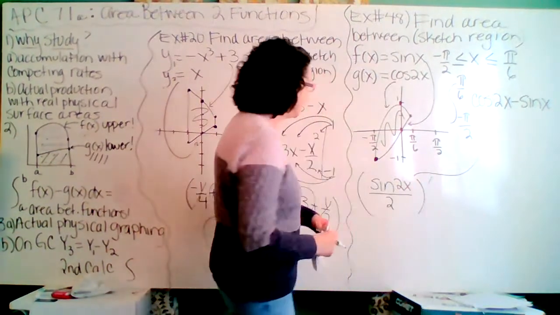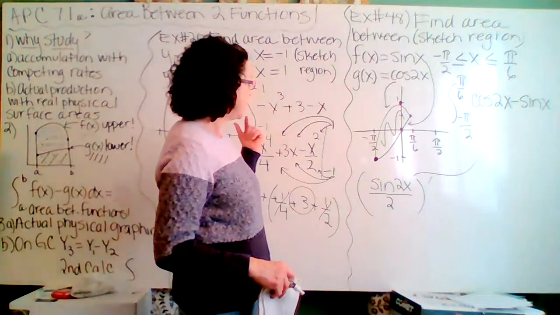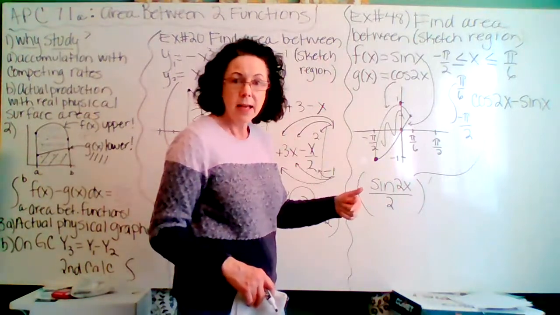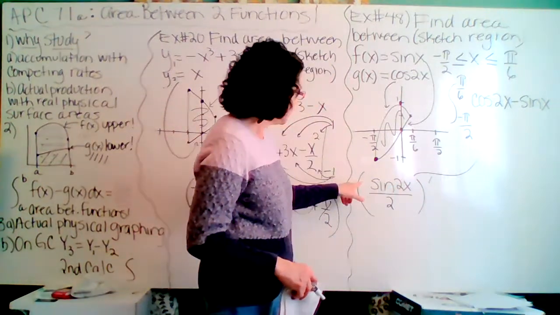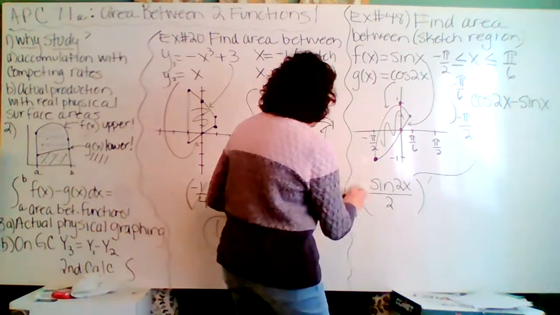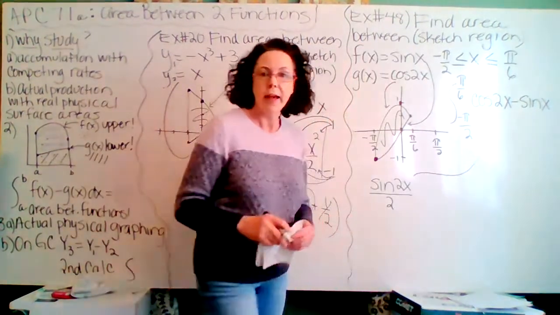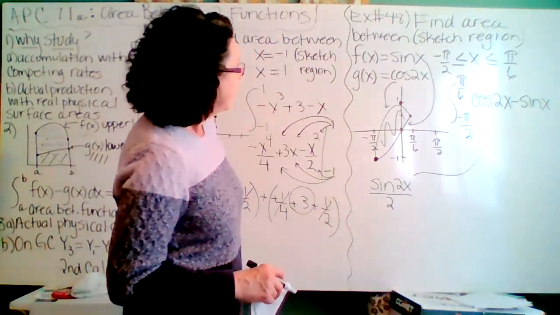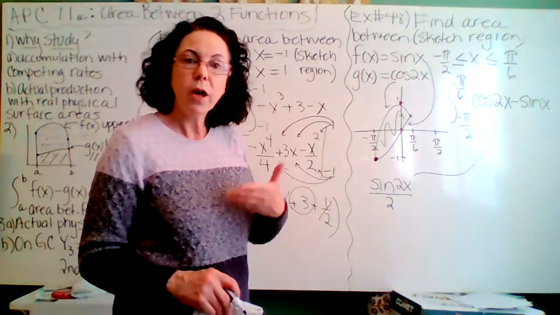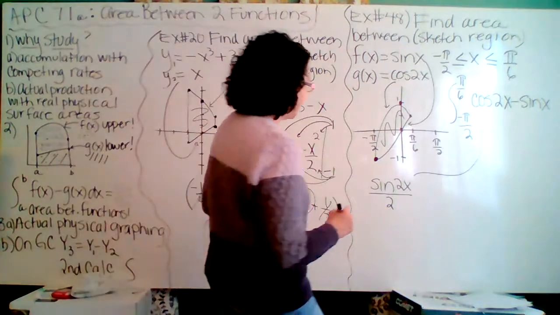If I took the derivative of sine of 2x, it would be cosine of 2x times the derivative of the inside function, which would be 2, and they would cancel. So integration usually has the division of that constant to overcome the multiplication by the chain rule.